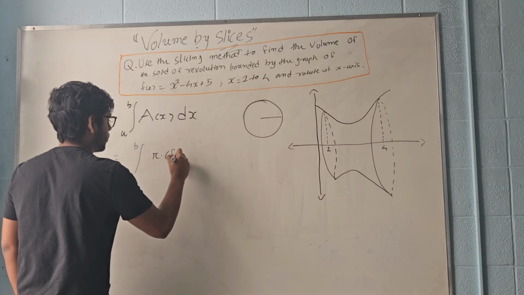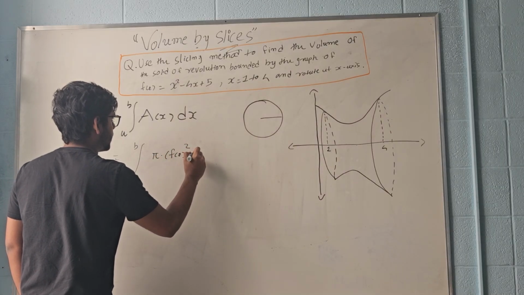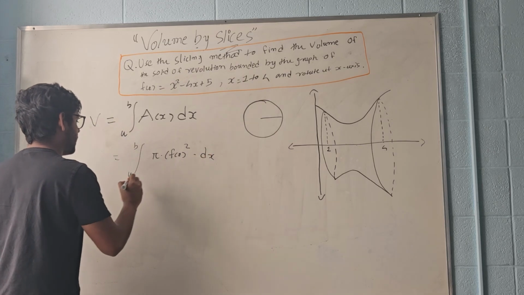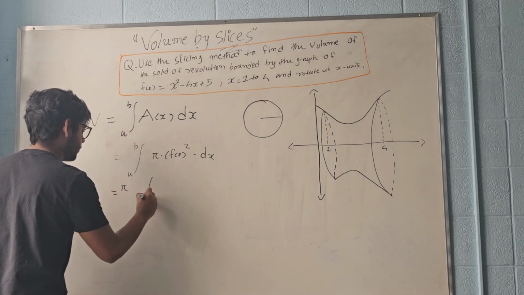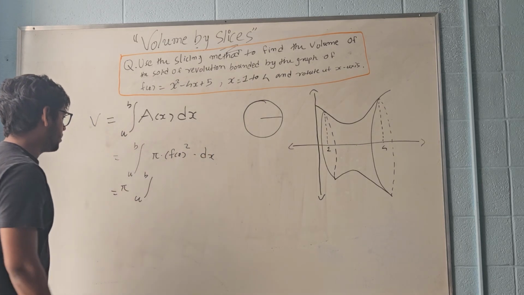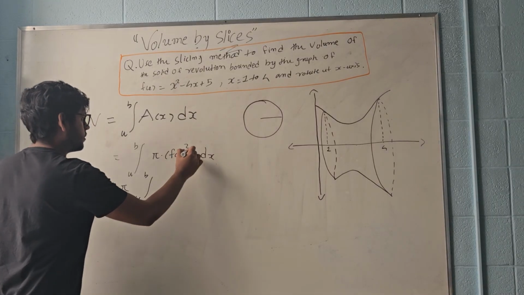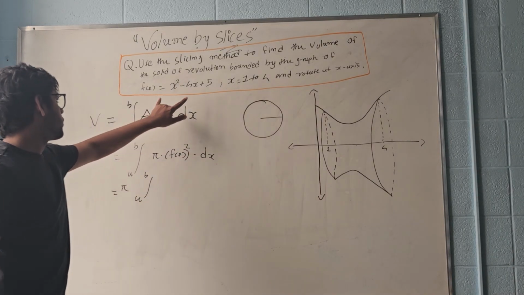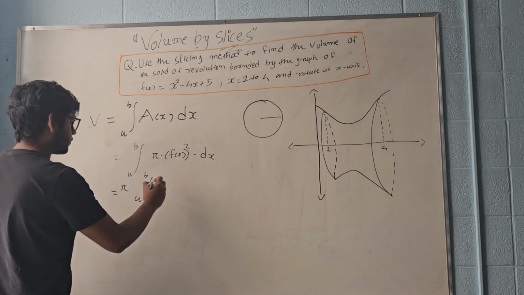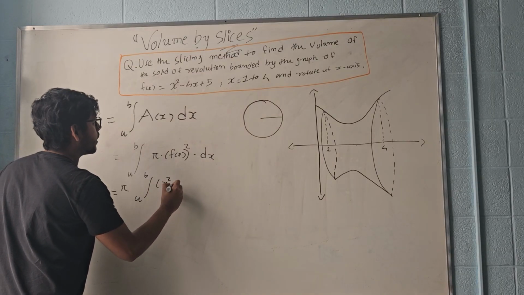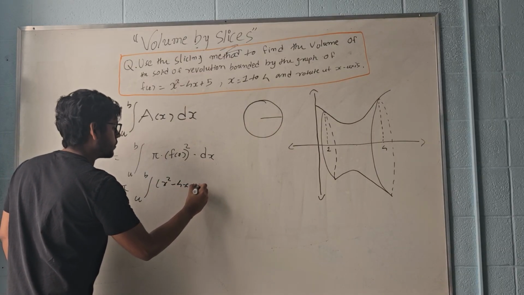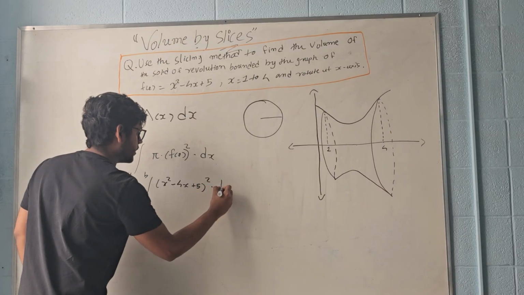So it's pi times f of x whole squared dx. As pi is constant, we take it outside. Our f of x is nothing but x squared minus 4x plus 5, whole squared, dx.